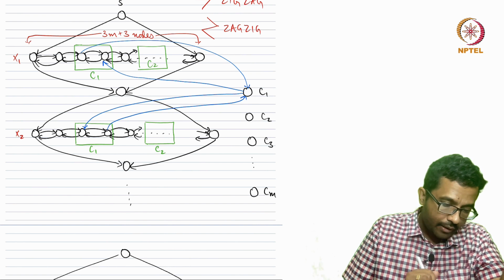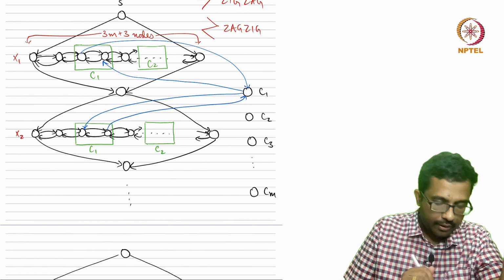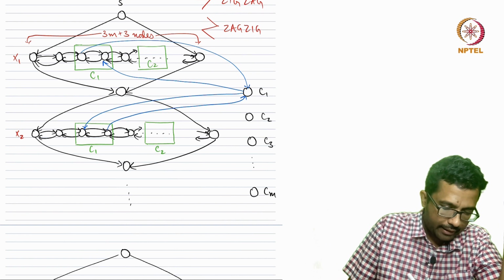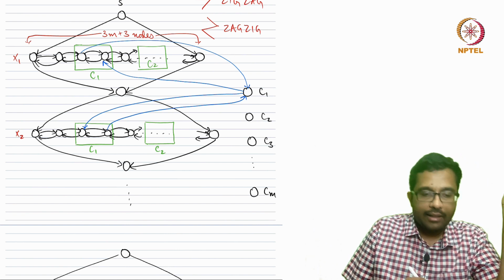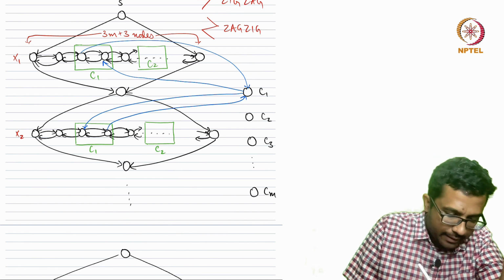Now suppose x2 complement appears in C1. That's why this is marked like this. Suppose we are zigzagging.